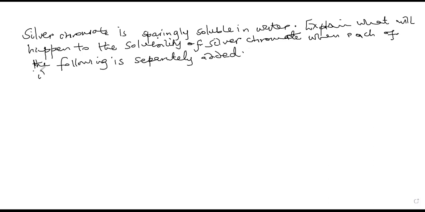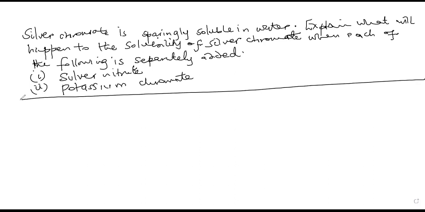One, silver nitrate. Two, potassium chromate. So we are supposed to explain what would happen if silver nitrate and potassium chromate are separately added to silver chromate.